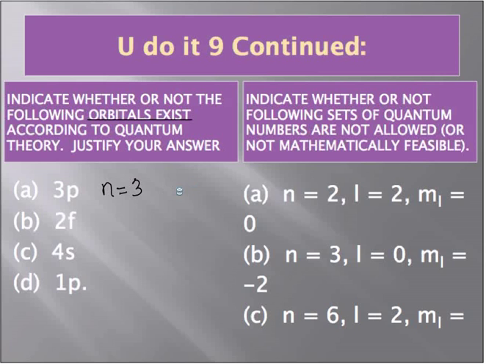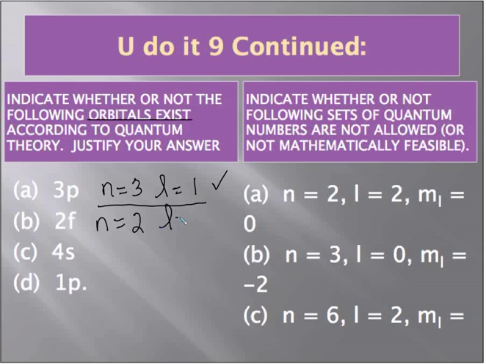If we have a P, that means L is equal to 1. Now, that's allowed. L can take on values all the way from 0 up to 2, actually. So that's good. You need to justify your answer, and showing this is part of your work, and then making your statement of what L is allowed to be when n is 3 would be a good statement to make.